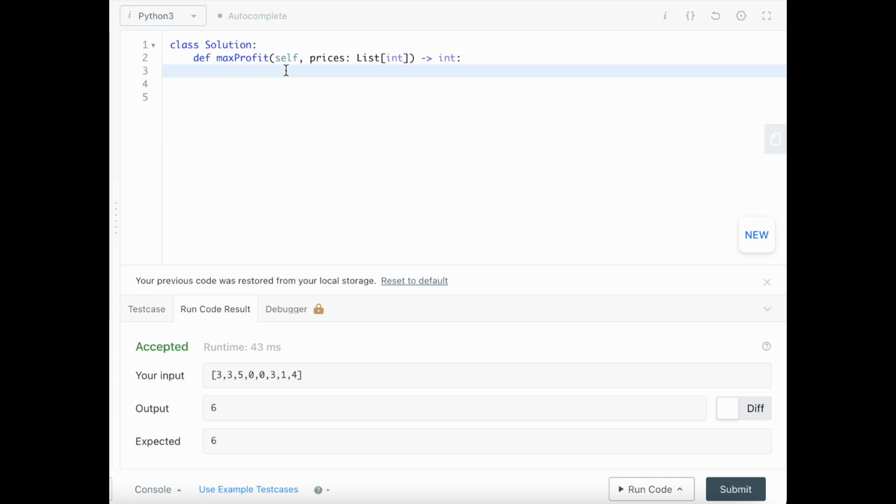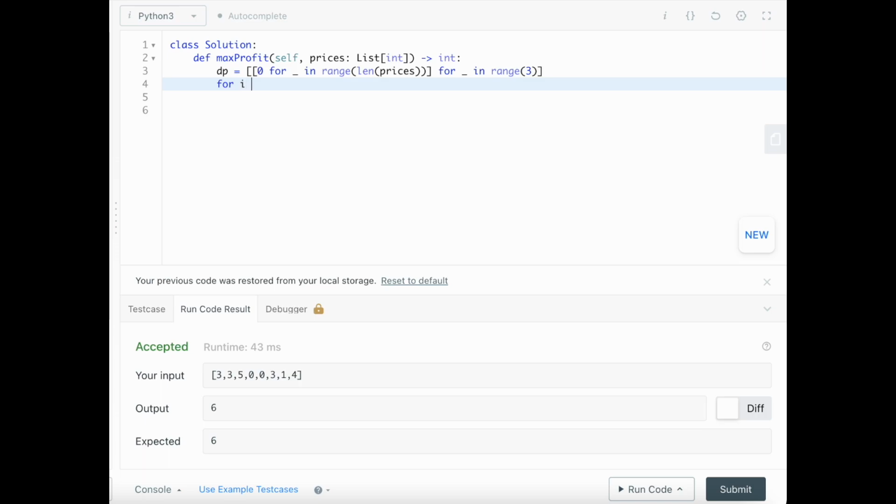Let's start by initializing the dynamic programming grid. So dp is equal to 0. We are going to initialize with 0 for underscore in range of length of prices. And then we are going to do this. Since we are making 2 transactions, for underscore in range of 3, so we are specifying it as 3, and we are going to update the grid from 1 comma 1 to the end of the grid.